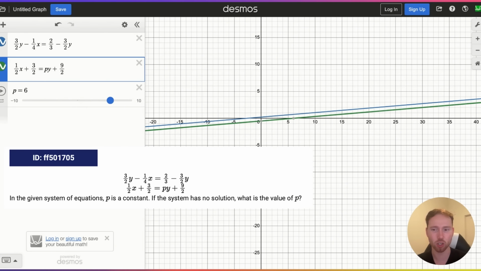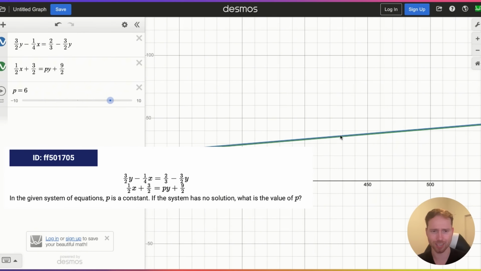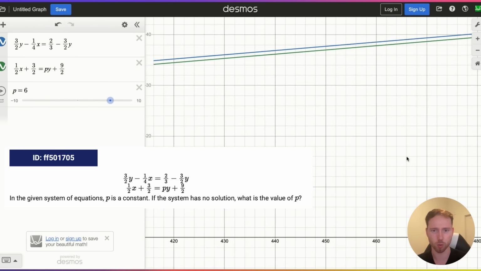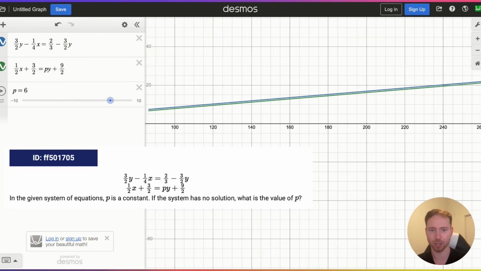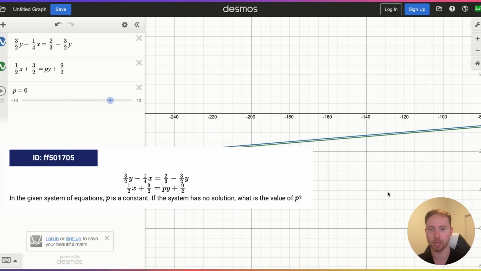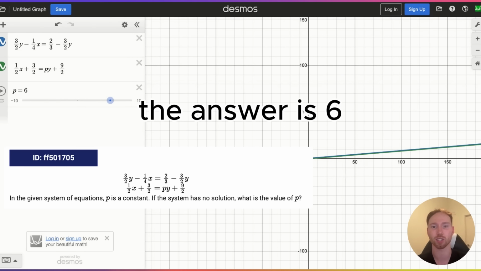I can see as I inch closer to 6, it doesn't look like they intersect. So I'm going to zoom out and make sure these lines never intersect when p equals 6. And as I keep going, they never intersect. And that tells me that when p equals 6, these lines have no solution, or 6 is going to be the correct answer for this question.